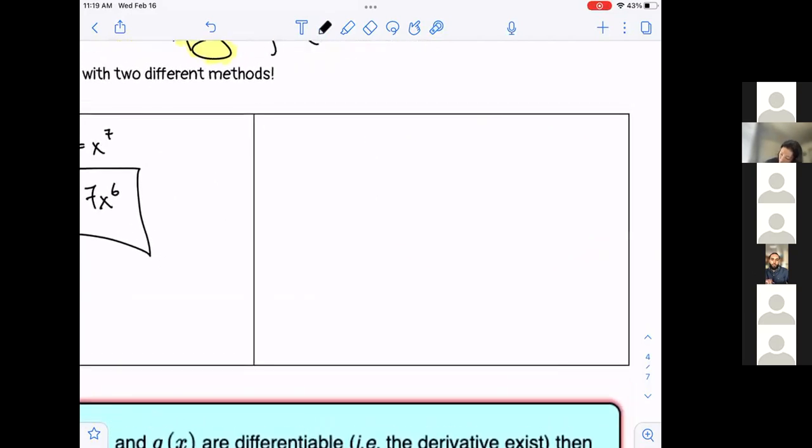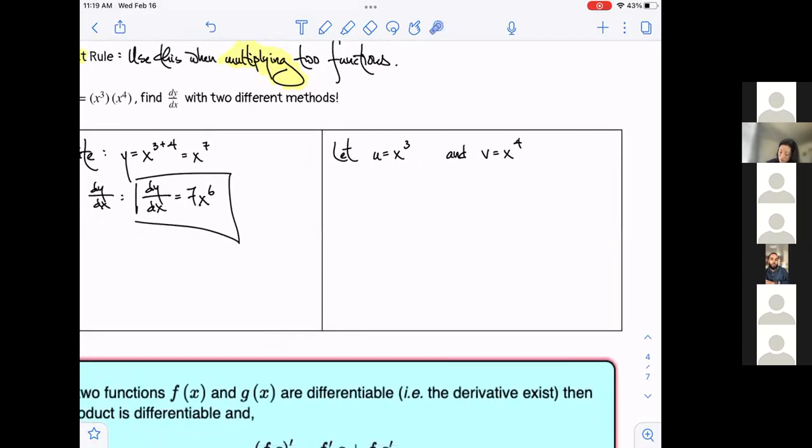So let U equal X cubed. That was the first function. And V equal X to the fourth. That was the second function, right? In the question, we had X to the third times X to the fourth. So I said the first one is X to the third, the second one is X to the fourth.